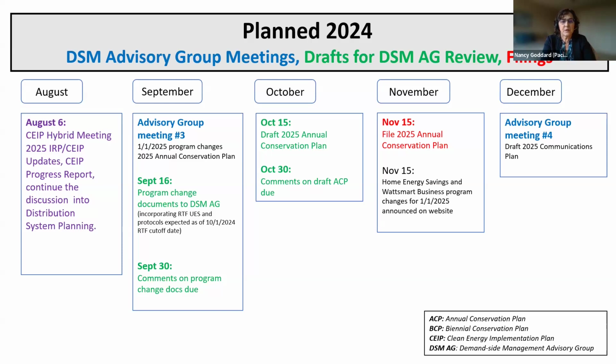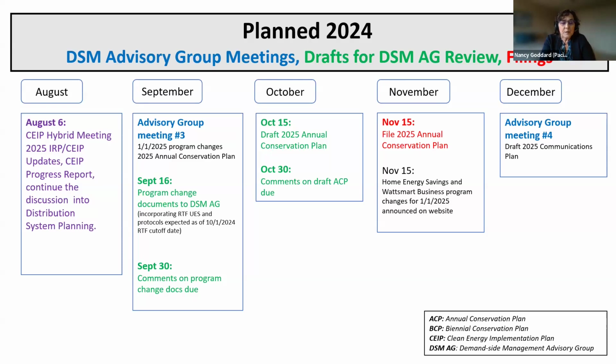So you see those drafts in September that we'll be sharing and requesting comments on and discussing at the September meeting. And as part of this, we'll be considering ways to increase named community participation, as well as anything we need to do to adaptively manage the programs to meet the 2024-2025 targets that we have.